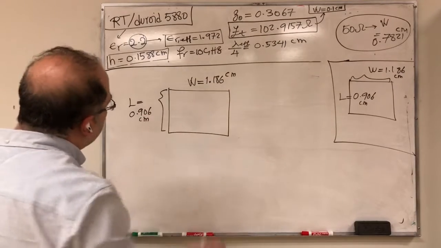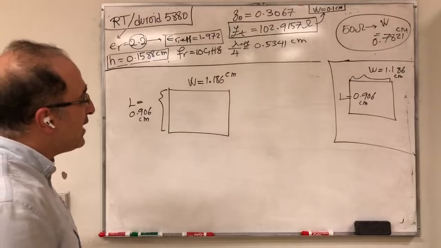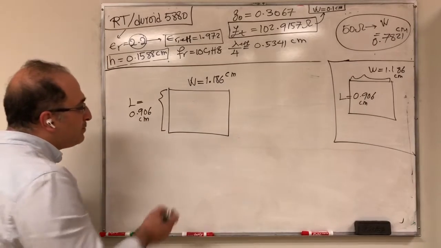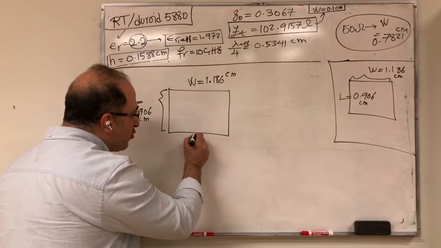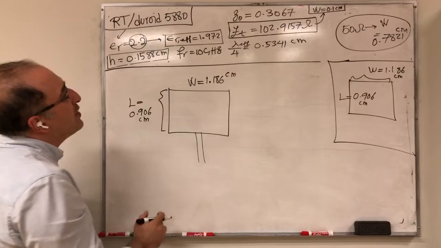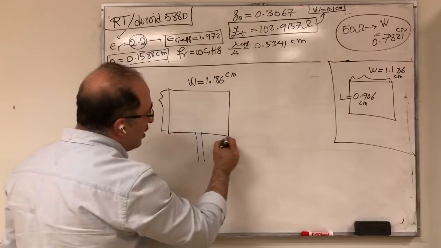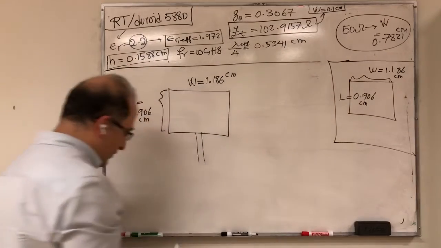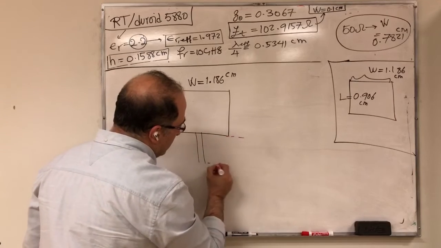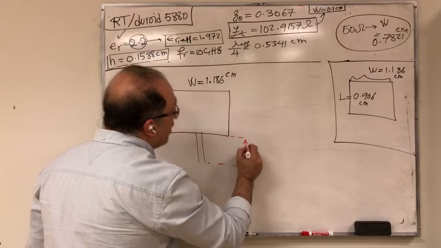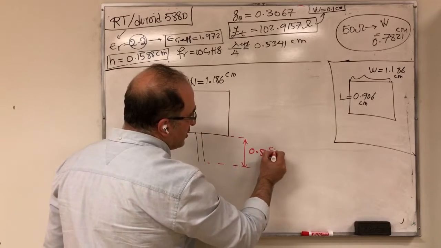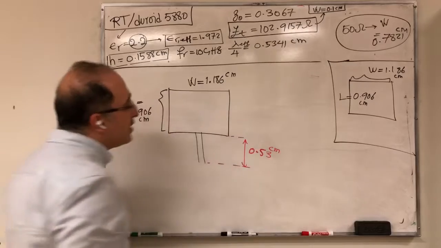Again, the number of digits depends on your fabrication accuracy. I'm just doing it random here. And then we have our quarter wavelength transformer, and the length of this quarter wavelength transformer, from here to here, was 0.5. Let's just keep 2 digits, 0.53 centimeter.